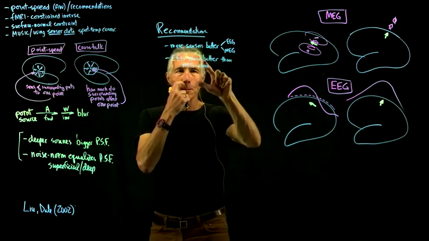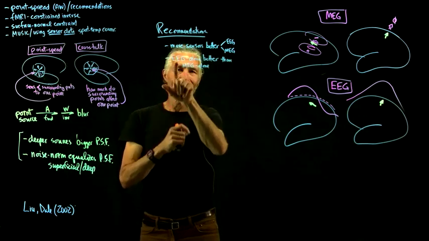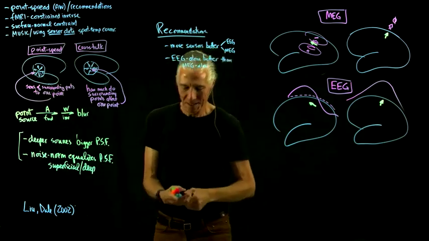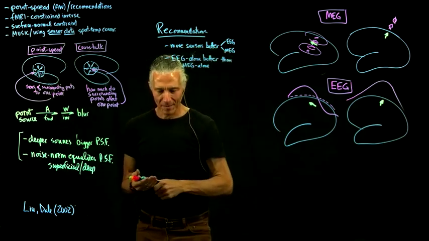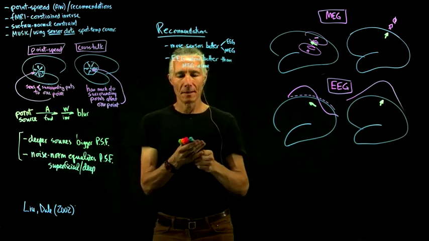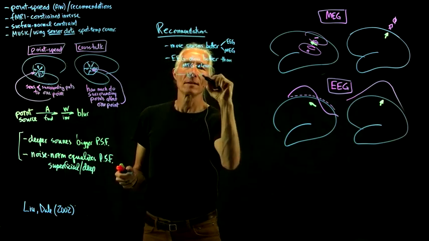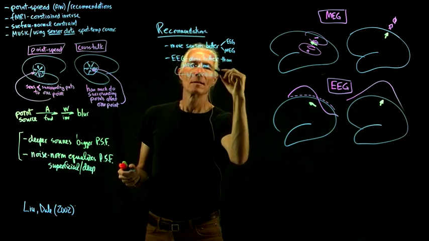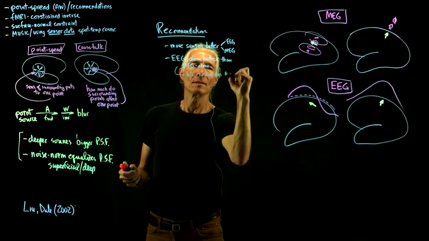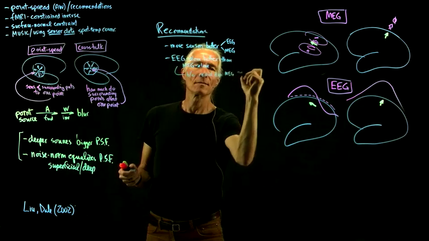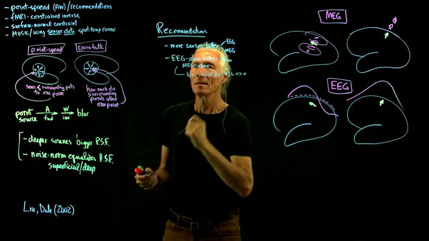So cheaper is actually overall better than more expensive MEG. And the reason for that is that a radial dipole in MEG in a spherical conductor is 0.